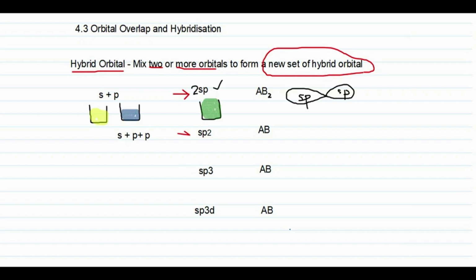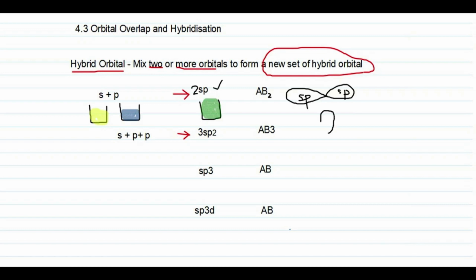And we don't only produce one sp2, but instead, we produce 3 sp2. As you will expect, because it produced 3 sp2, our class of molecule is going to be AB3, and hence we have 3 lobes, where it carries the shape of trigonal planar. So we have 3 sp2, so we're going to have 3 lobes.